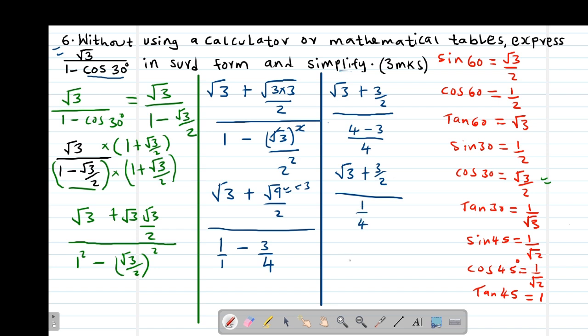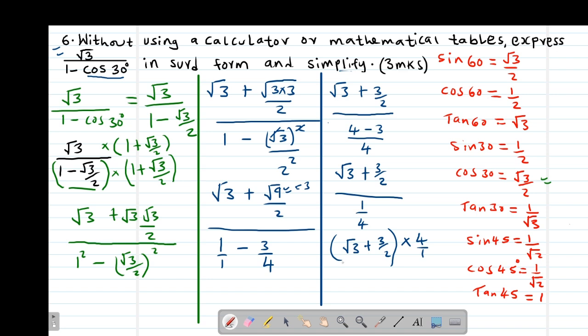Now remember, when you divide, it simply means you have to multiply with the reciprocal. Therefore the reciprocal of a quarter will be 4. So this is the same as saying the root of 3, then plus 3 over 2, multiplied by the reciprocal. So the reciprocal of a quarter will be 4 over 1, which is just 4.